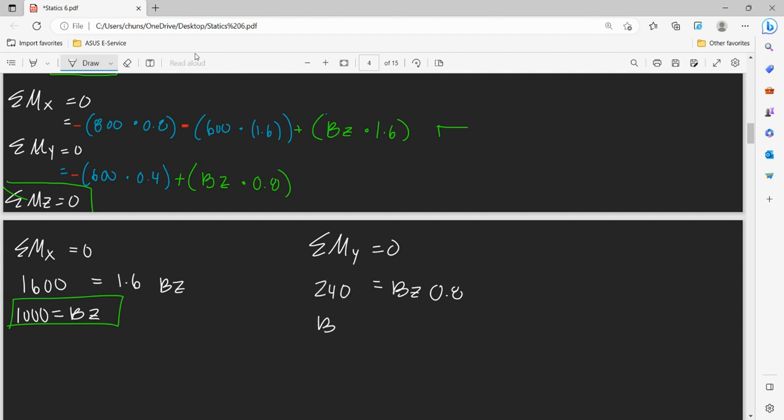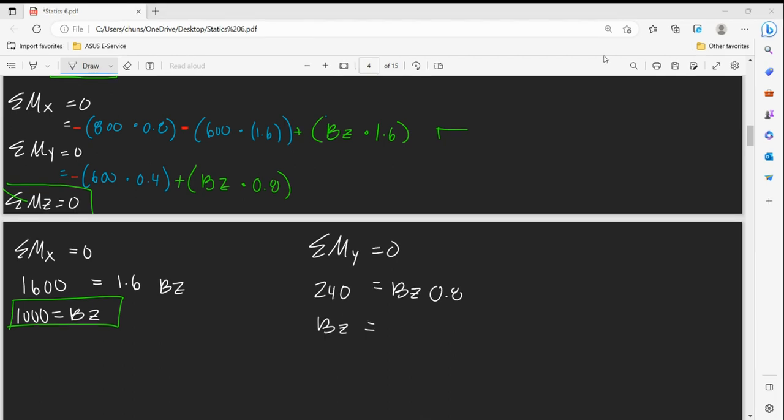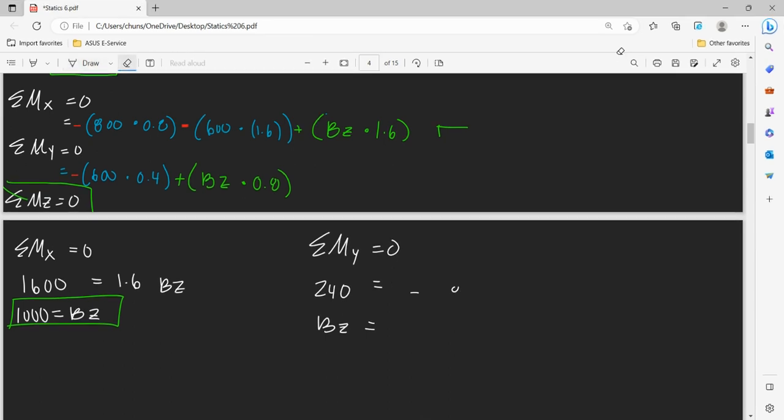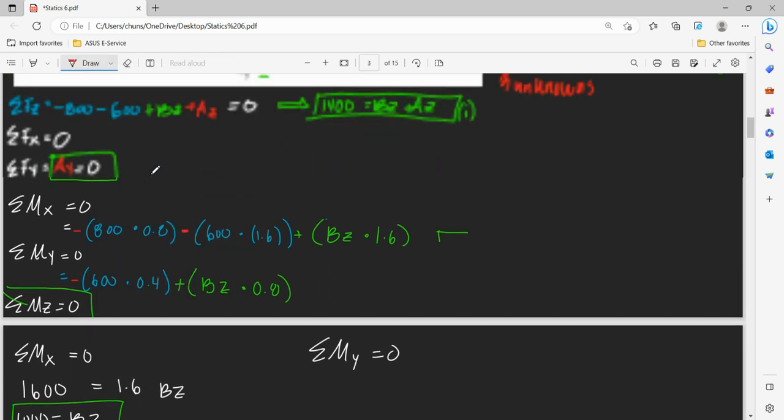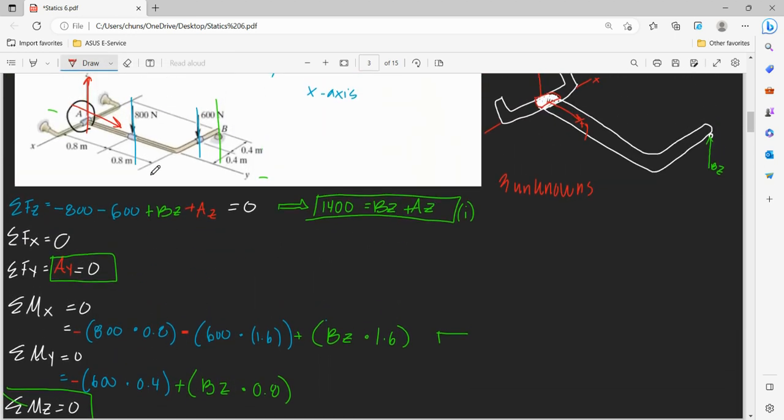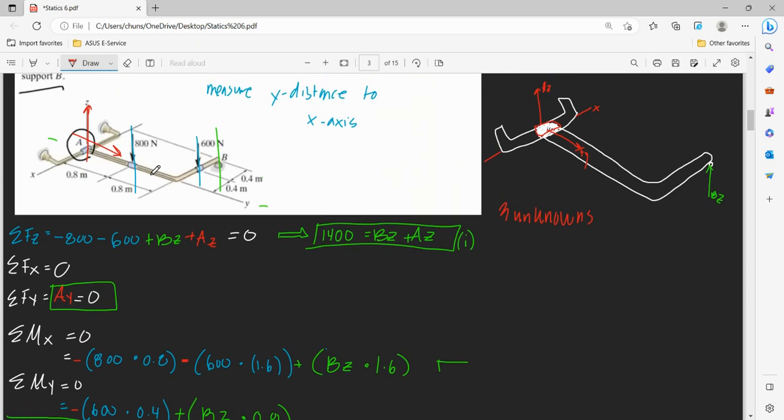And bz also should be equal to, hold on. Sorry, that's on me. My bad. We did actually miss an unknown this whole time. I'm so sorry.